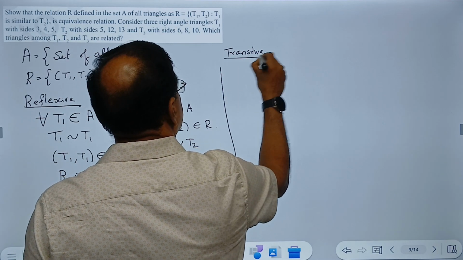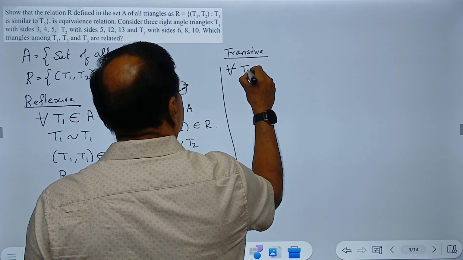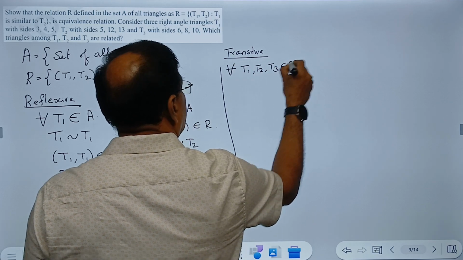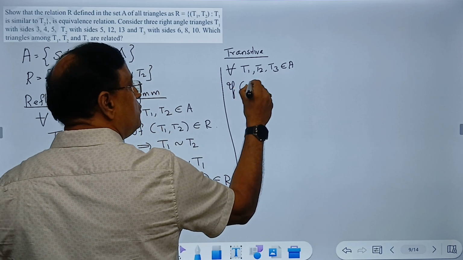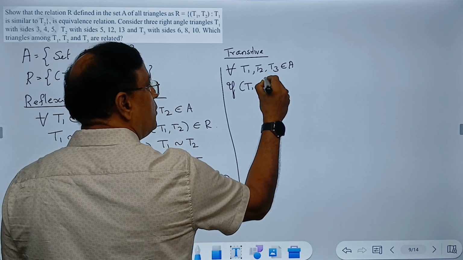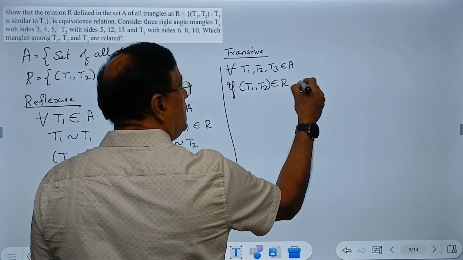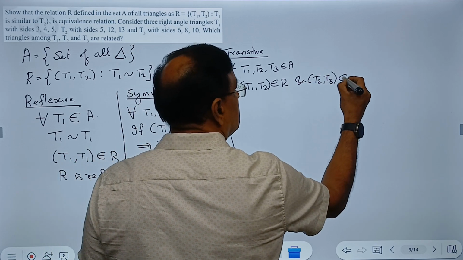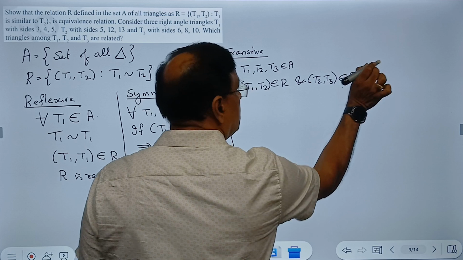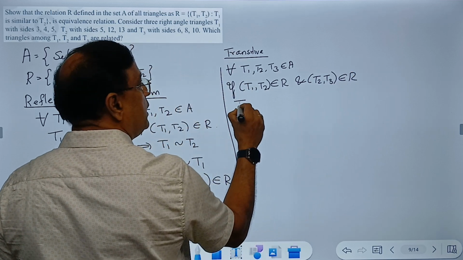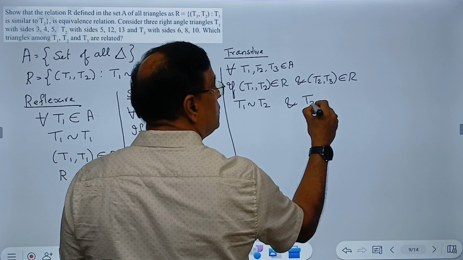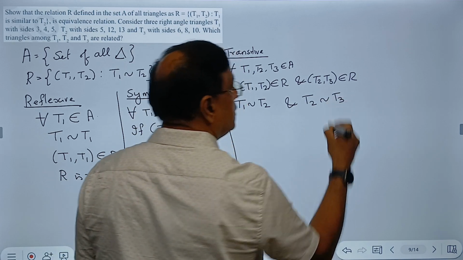Now let's go to transitive. How many elements should I choose? I will choose 3 triangles, T1, T2, T3 belongs to A. If T1 and T2 are related and T2 and T3 are related, that means triangle 1 is similar to triangle 2 and triangle 2 is similar to triangle 3.